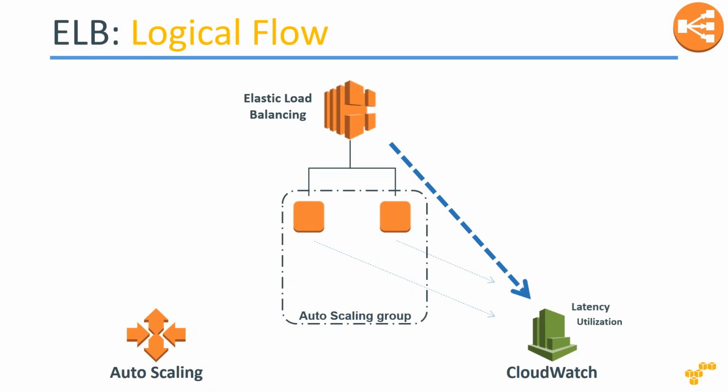Based on this, you might have configured some rules saying my latency is high or my utilization is high. CloudWatch will send an alarm to auto scaling now, and it will trigger an appropriate auto scaling policy. It might be a scale in event or scale out. When I say scale out, it is going to add more servers. So in this case, let us say one more server is added. So auto scaling has added one more server, and there are 3 servers in my auto scaling group.